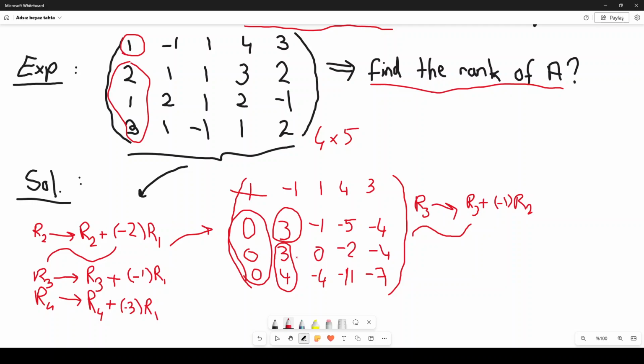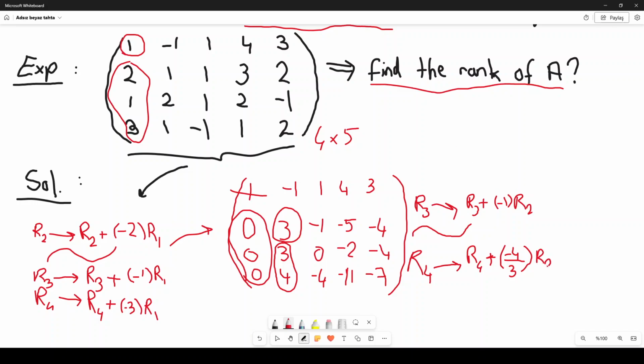So it becomes 0. And with the same strategy, I replace row 4 by row 4 plus minus 4 over 3 times R2.